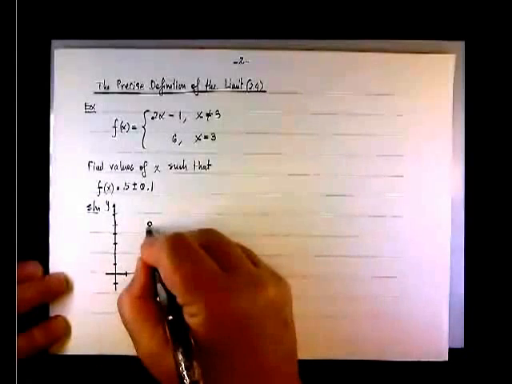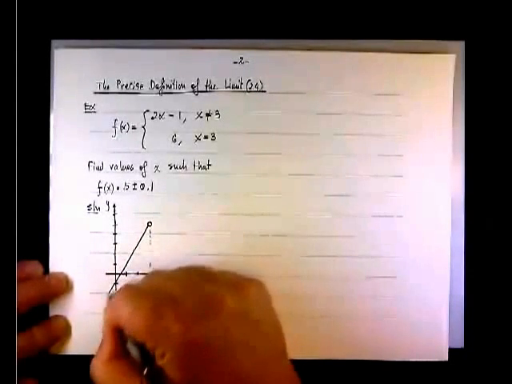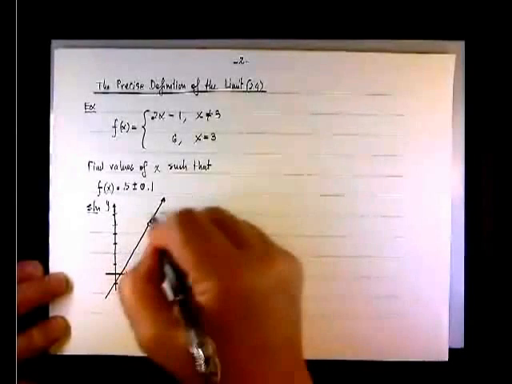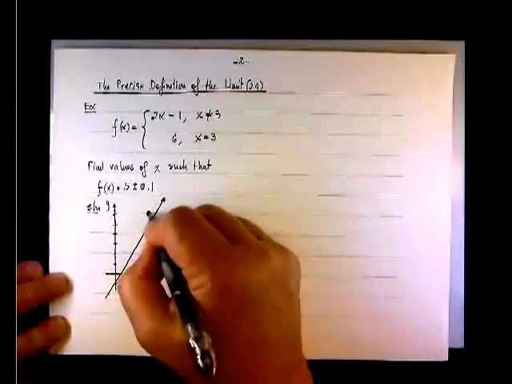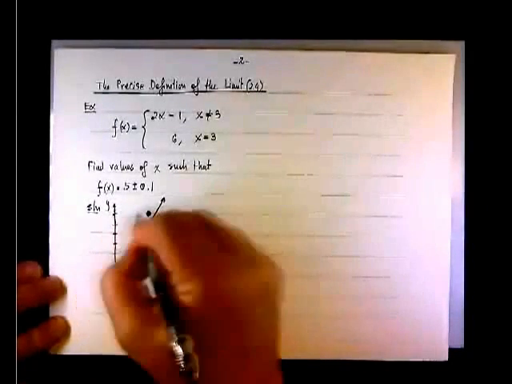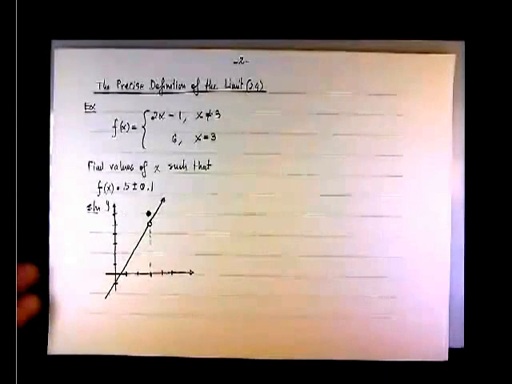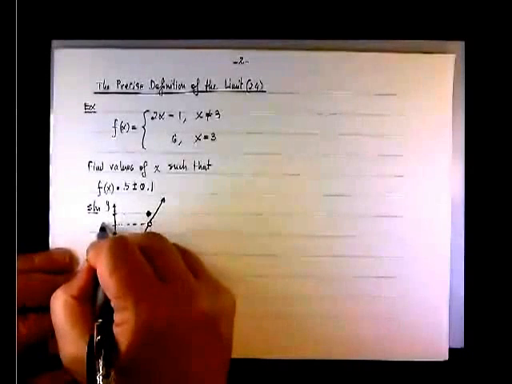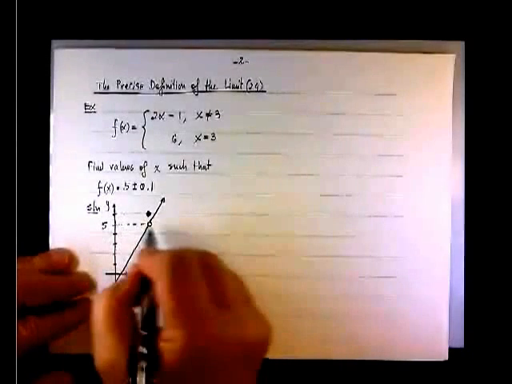So we have a line that goes like this. Continue, okay? But at x equals 3, f of x equals 6, like so. So this is the function. Now, we know right here is y equals 5.